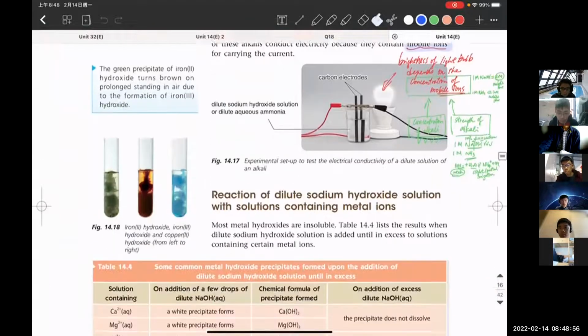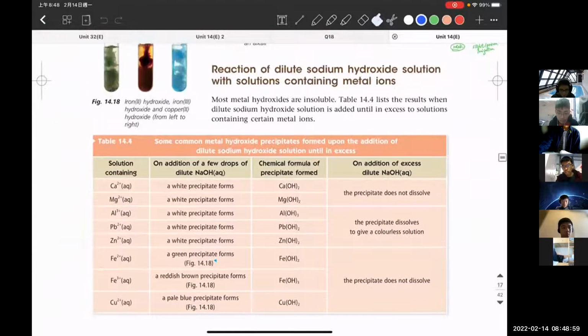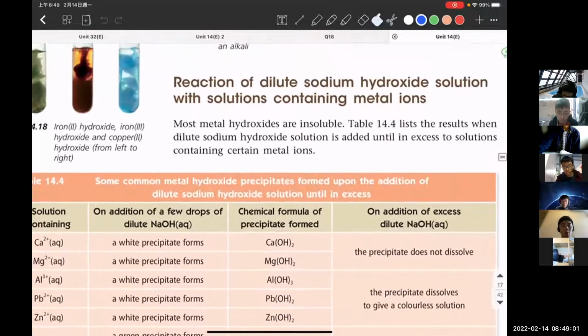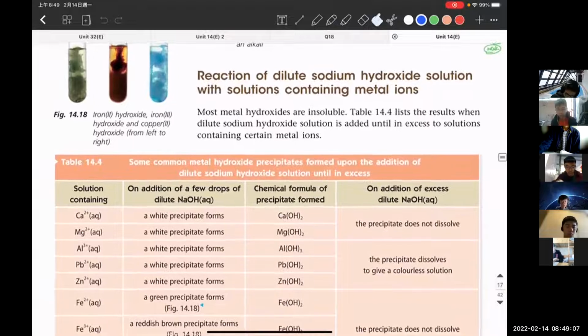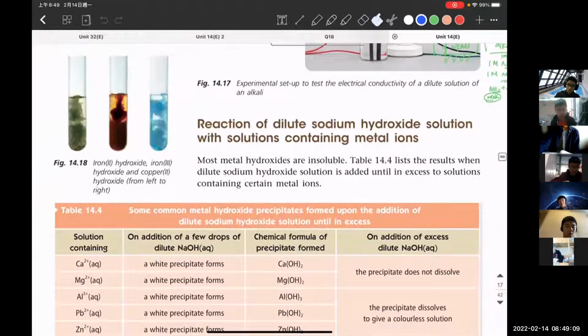Yes, that's right. So what's next is to talk about the reaction of dilute NaOH solution with solutions that contain metal ions. A very important concept, and I will urge you to memorize it. You have to memorize it in preparation for a big assessment.